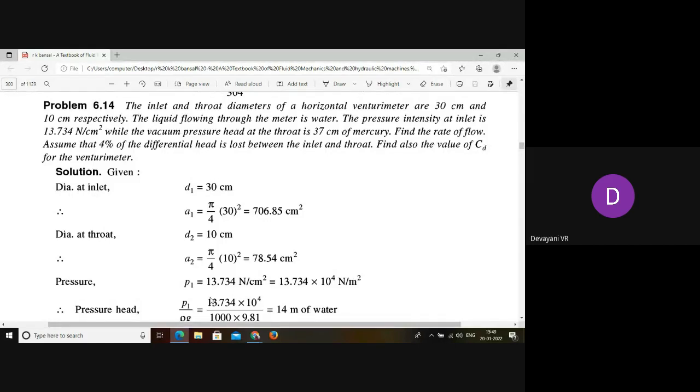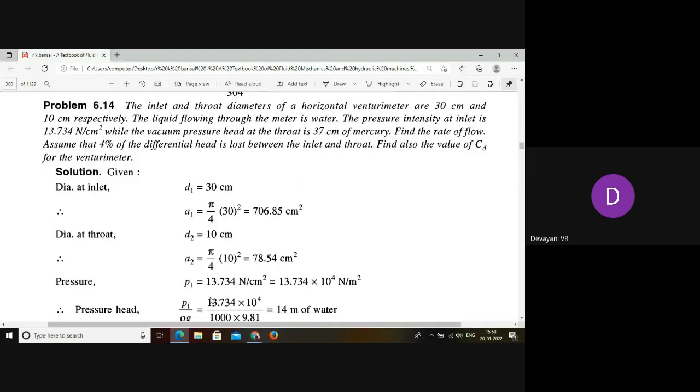Then the pressure intensity at the inlet P1 is given as 13.734 Newton per centimeter square, and then the vacuum pressure head at the throat, at the second section, is given as 37 centimeters. No, they have given the pressure head, not the pressure. They have given the pressure head at the throat, at the throat means that is at section 2.